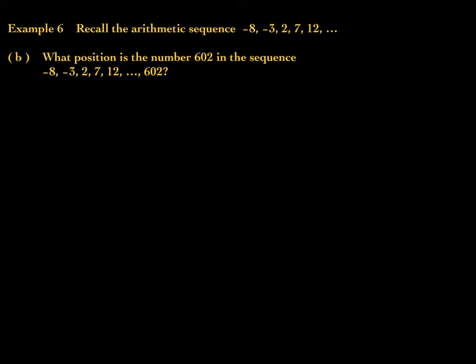Remember, a sub 1 means the first term. A sub 2 means the second term. So that subscript is the position that the term has in the sequence. So in this case, since we're looking for the position, we're looking for n. We don't know what n is. Now, let us not forget that the general term for this sequence we found already to be 5n minus 13.